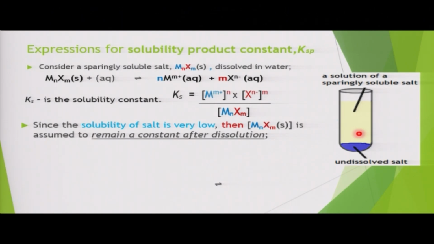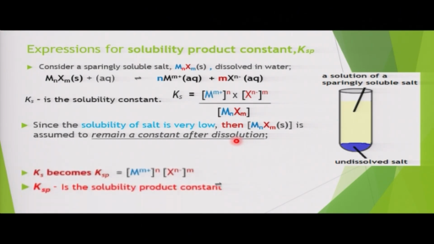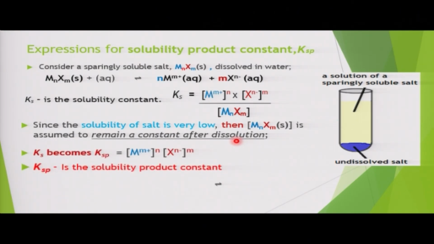So the salt will always be there, and by that factor, it remains a constant. And this finally gives us the expression for Ksp, which is simply the product of the concentration of the ions in a solution. That's why it is called the solubility product constant: the multiplication of the concentration of this ion and this ion in solution of a sparingly soluble salt.